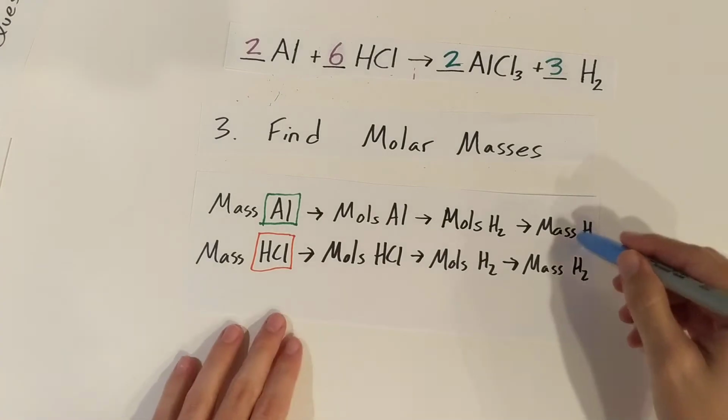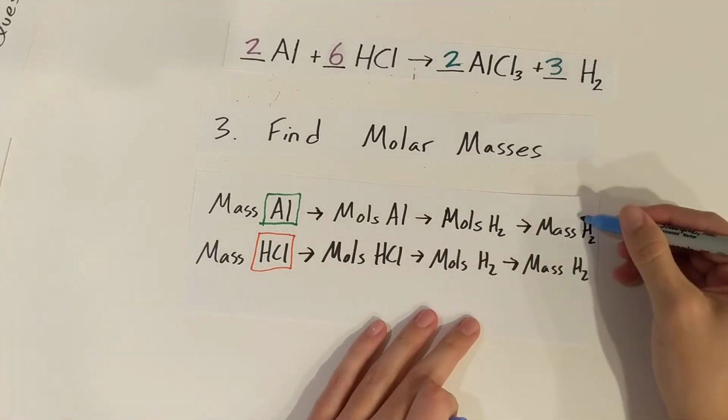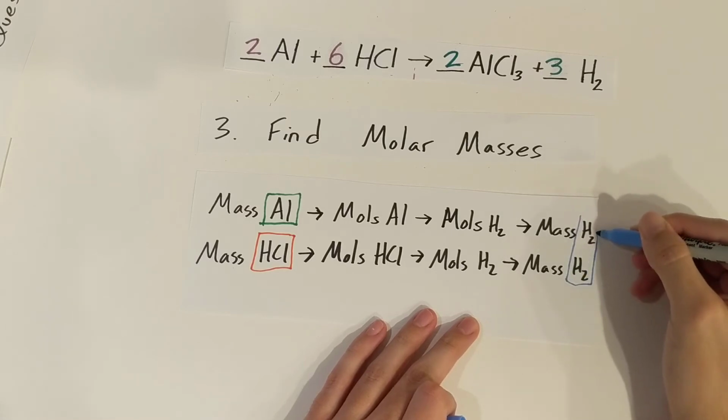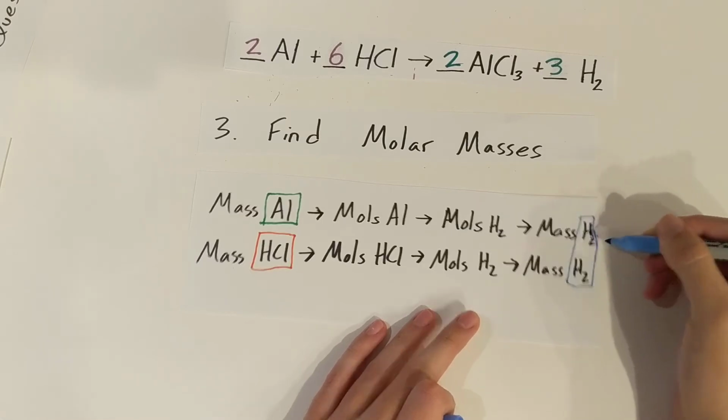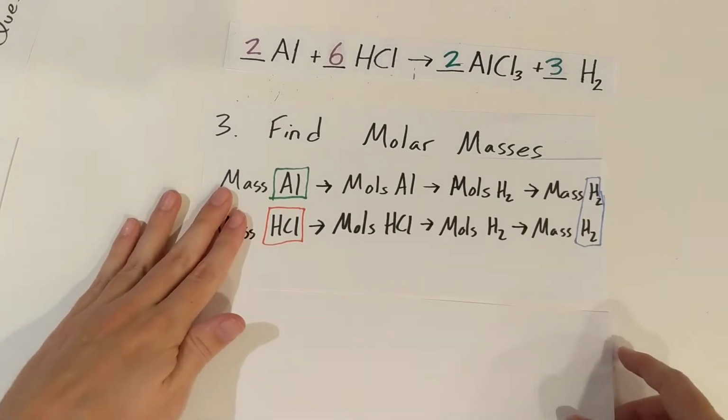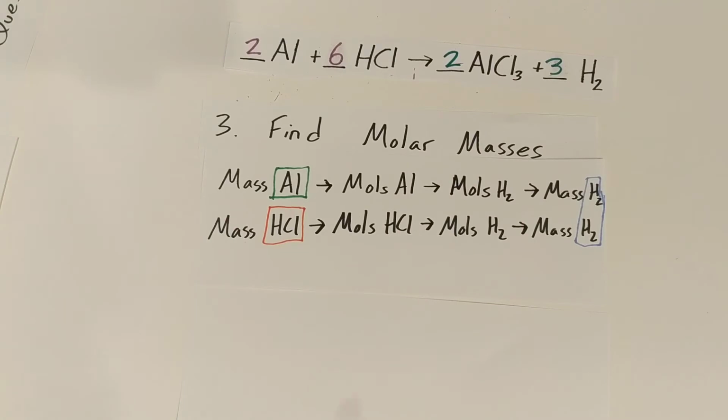And also in this problem, we have to find the molar mass of H2. So that's what we're going to be doing next. We have to find the molar mass of all of those things. So I will write those on a paper right here.